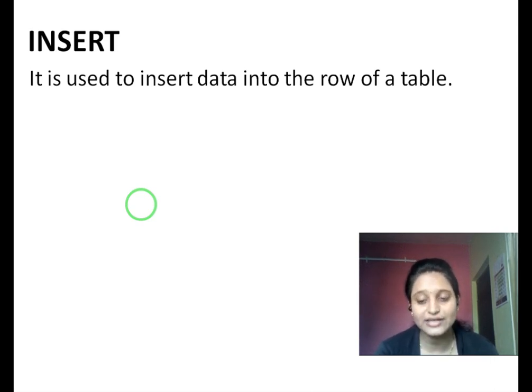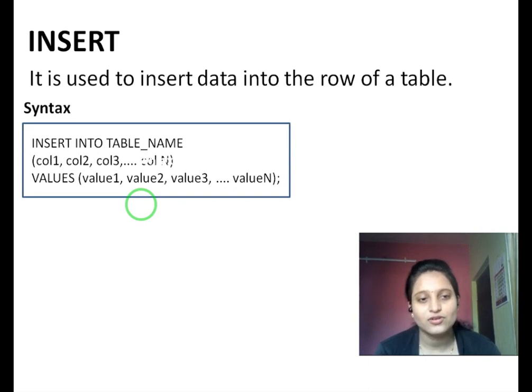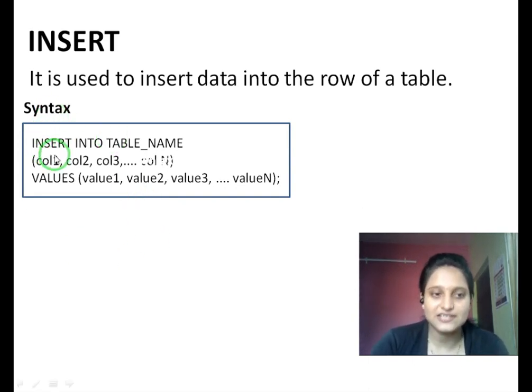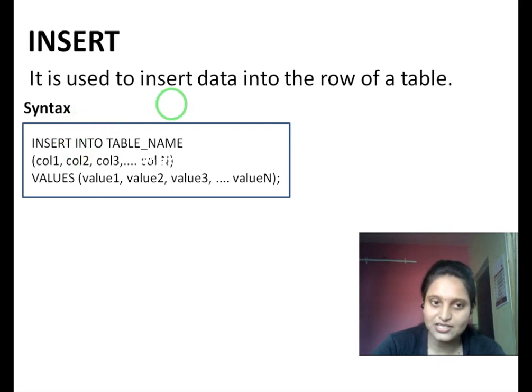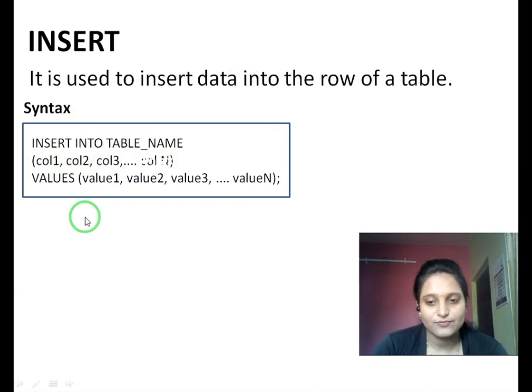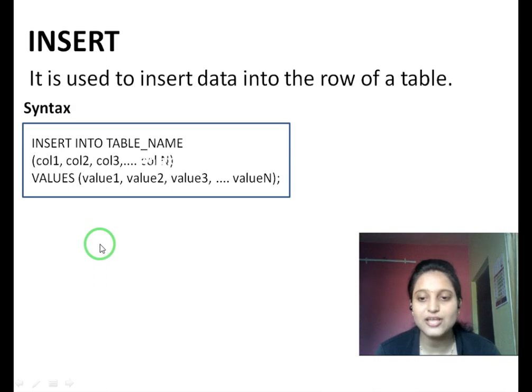We manipulate the data. So the syntax for insert is, see here again, insert is a keyword. Into is also a keyword used for inserting data in a table. Table name is the name of the table. Now there are two ways to use the insert command, with column names and without column names. So first I discuss with column names.